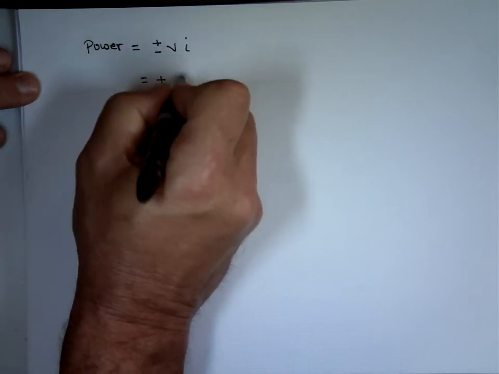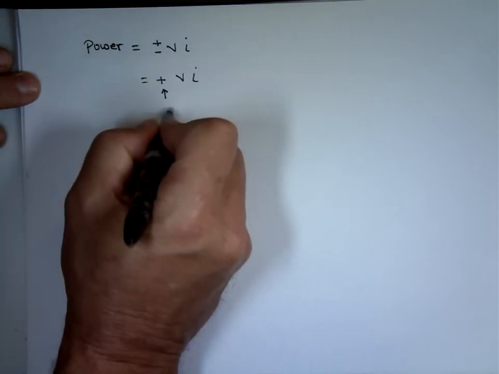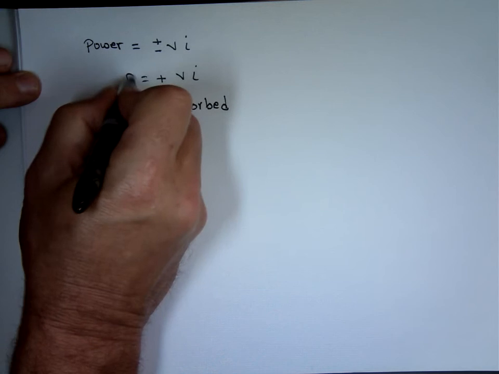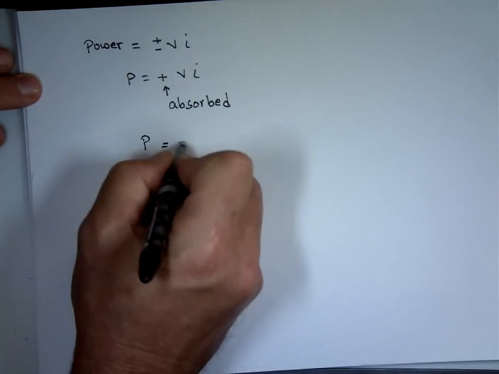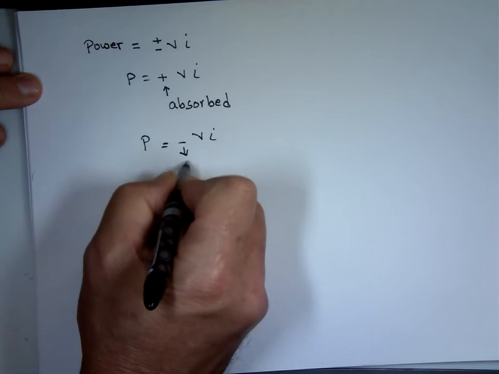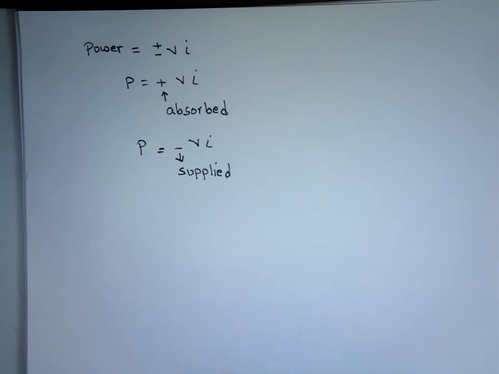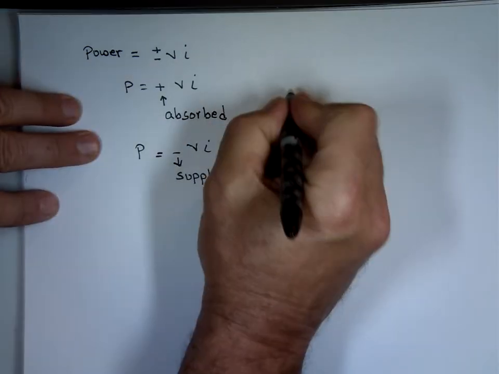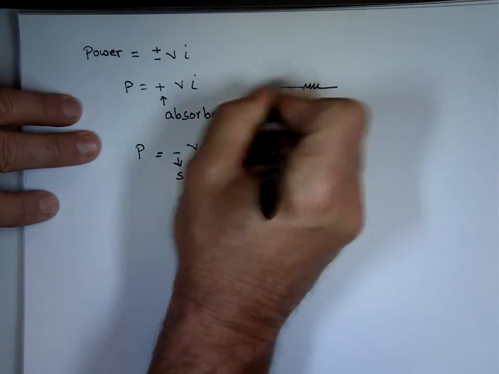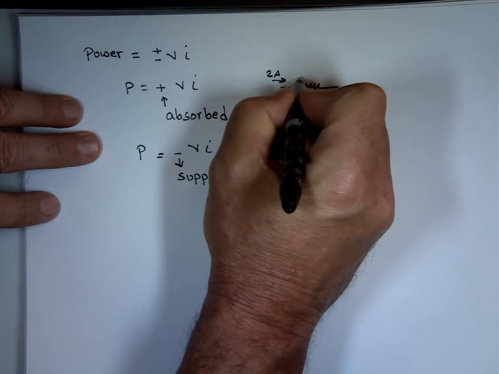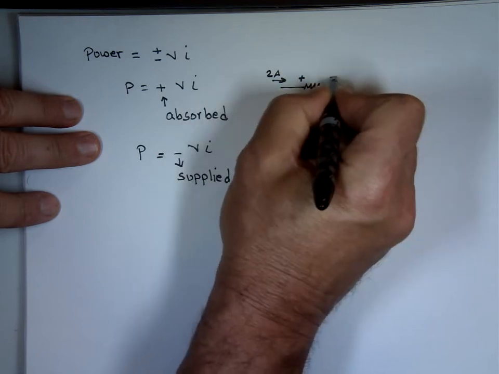If it's positive, the positive indicates the power was what? Absorbed. It was taken. If the power is negative, the negative indicator was what? Supplied. We said last time, just to refresh your memory, if you have a positive current, let's say a plus 2 amp, entering 5 volts.